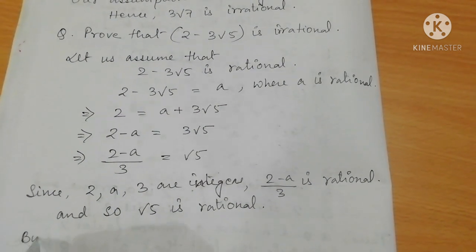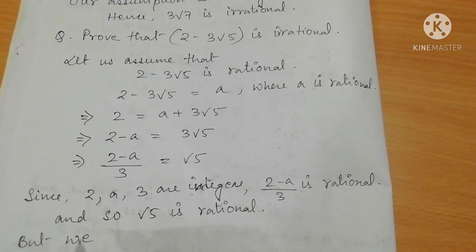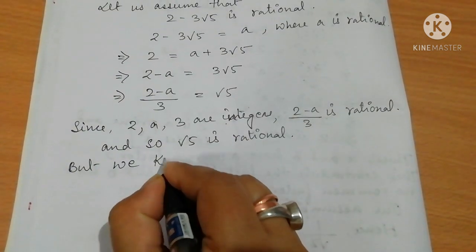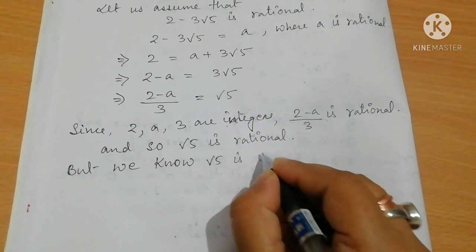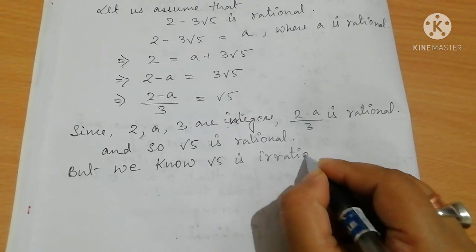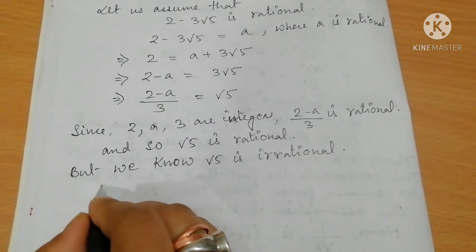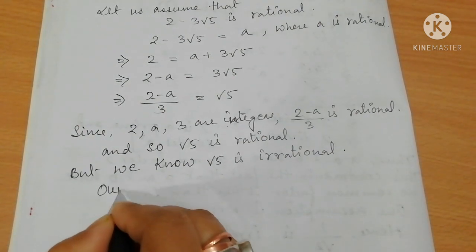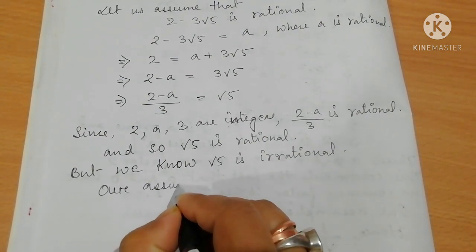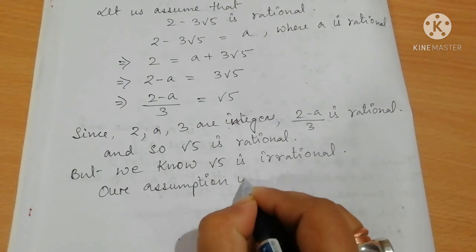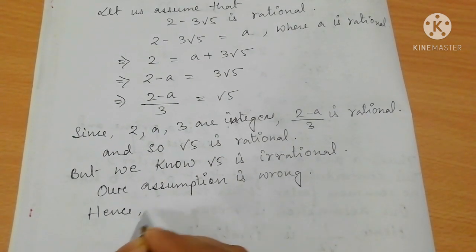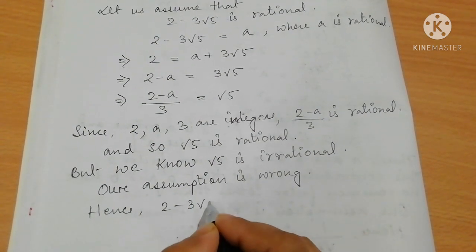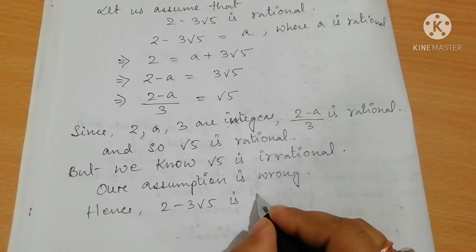But we know root 5 is irrational. So our assumption is wrong. So hence 2 minus 3 root 5 is irrational.